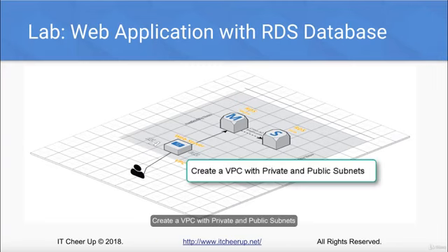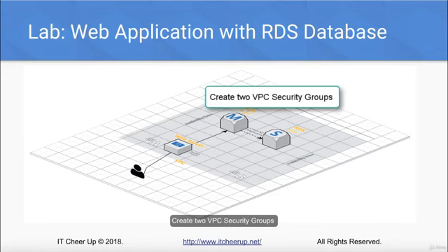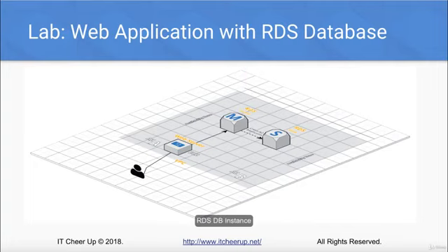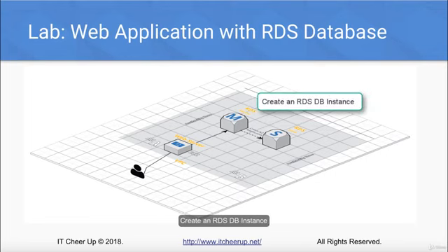First, create a VPC with private and public subnets. Create an additional private subnet. Create 2 VPC security groups for a public web server and a private RDS DB instance. Create a DB subnet group. Create an RDS DB instance.